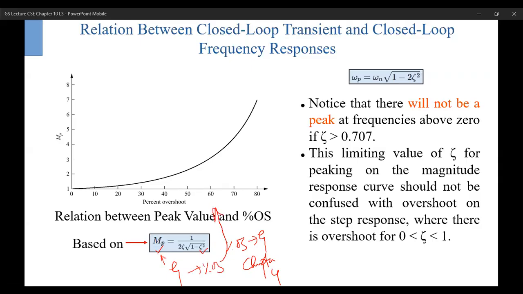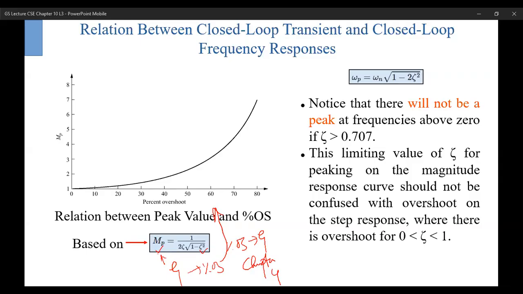This is an indirect, basically graphical relationship of the peak value of the frequency response with the percentage overshoot. This is how we relate the closed loop transient behavior, which is percentage overshoot, with the frequency response behavior, which is the peak value.